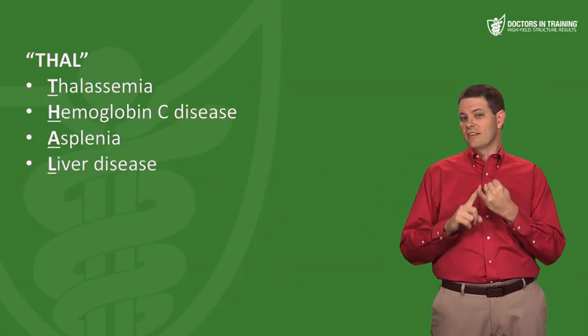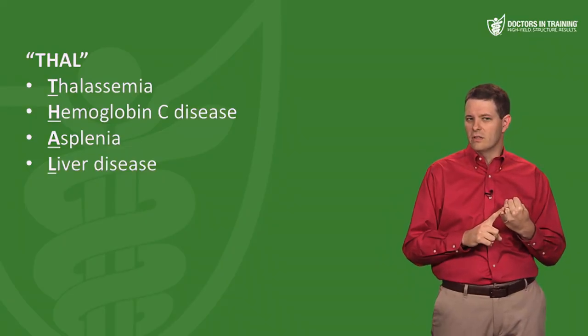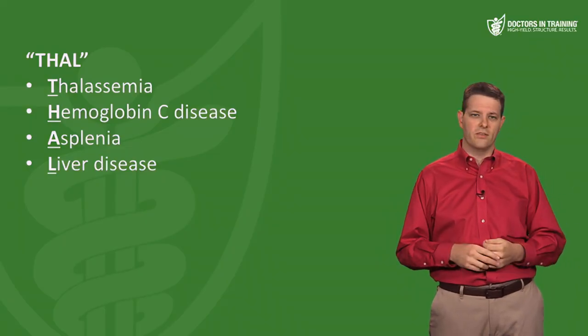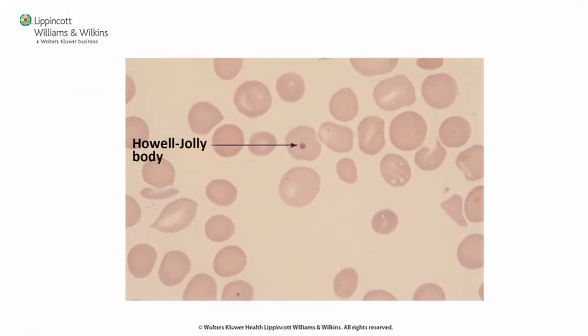So with liver disease you can see target cells, and then what other pathologic form did we just say you could see with liver disease? Acanthocytes, or spur cells. Now here you see sickle cells, which are sickle-shaped or crescent-shaped. And obviously we see these in sickle cell anemia. And then a Howell-Jolly body is the basophilic remnant of a nucleus in a red cell, which we see in patients with asplenia.